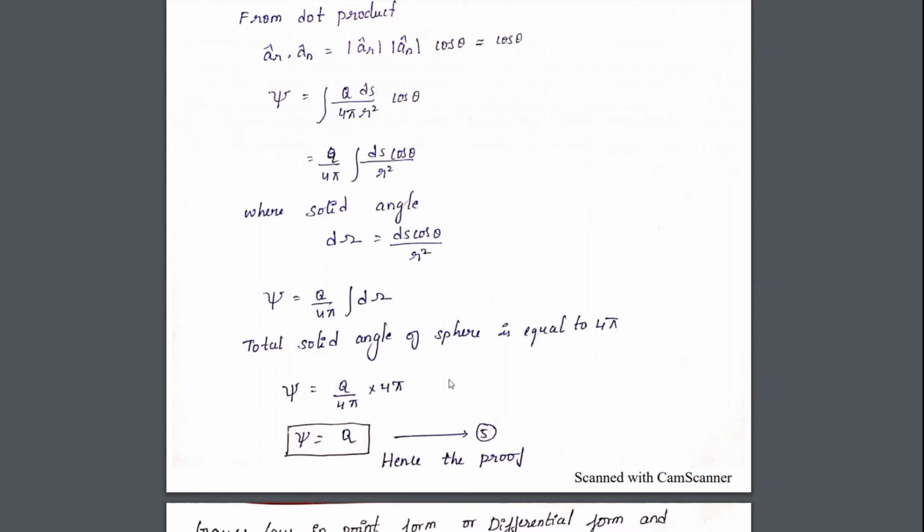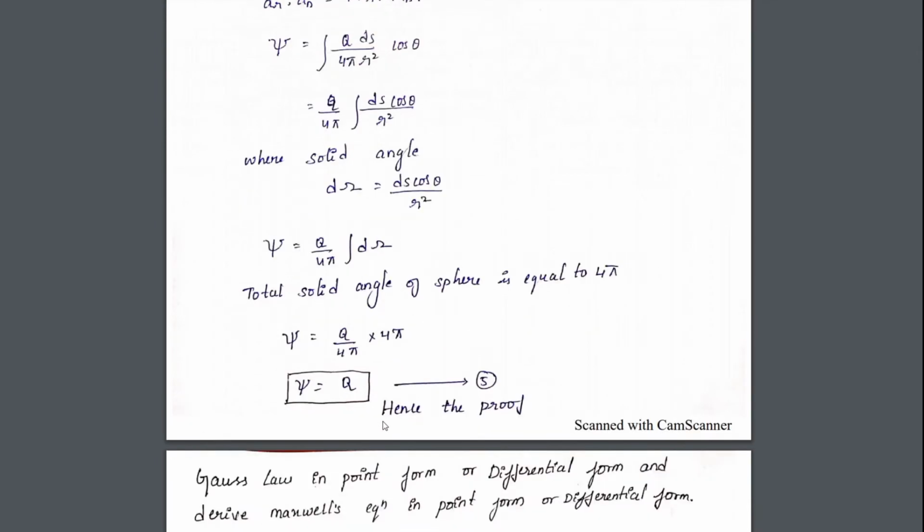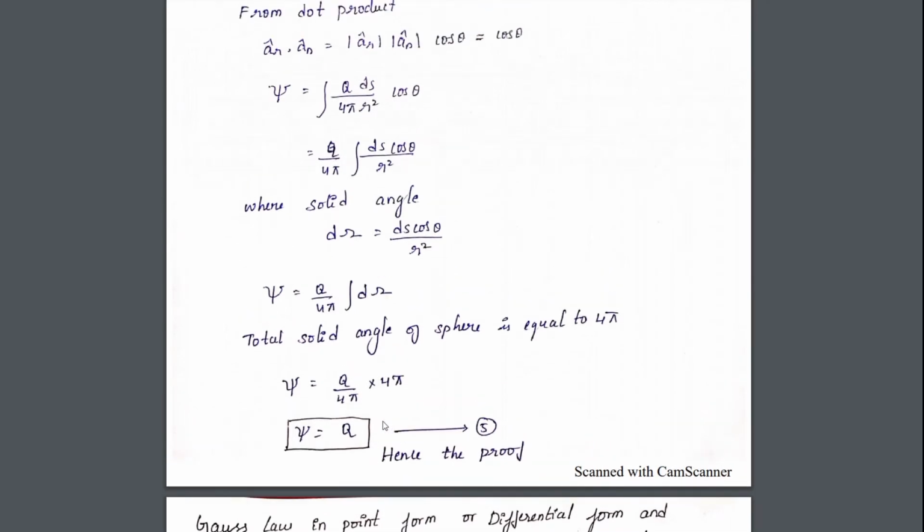So if you substitute it, psi will become Q by 4 pi integral of d omega. And all of you should know the total solid angle of the sphere is always equal to 4 pi. So the integral of d omega is the solid angle, and the total angle will be equal to 4 pi. So 4 pi will get cancelled. So you get flux is equal to charge.